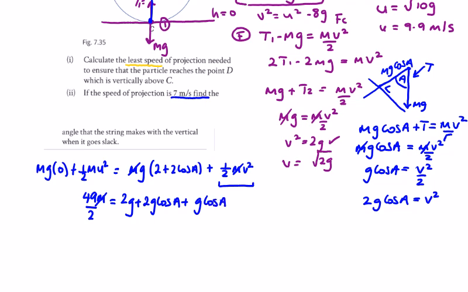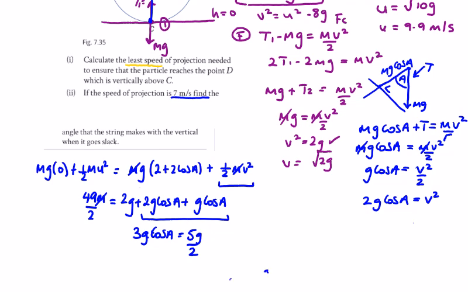So if we get it in terms of cos A, we have 3g cos A is equal to 49 over 2 minus 2g. Well, that's 49 over 2, is 5g over 2. Does that work?